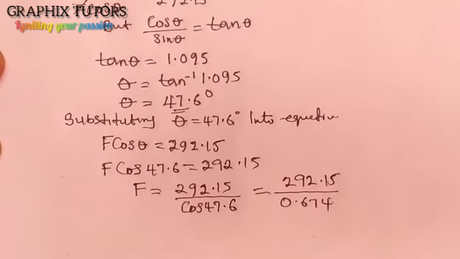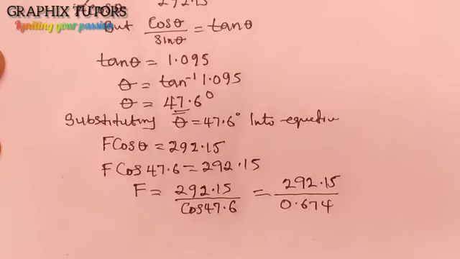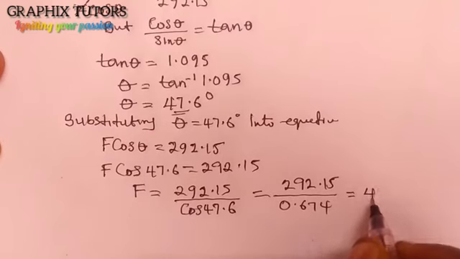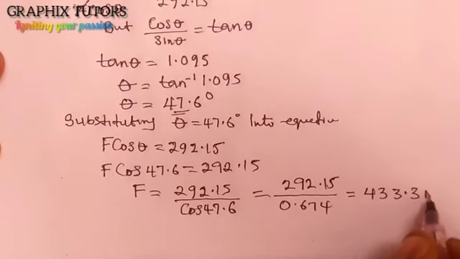So if you divide 292.15 by the answer, we have 433.3 Newton.